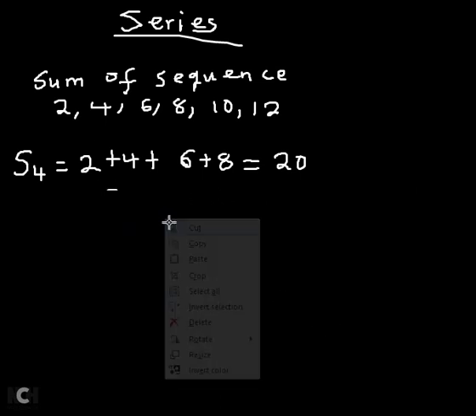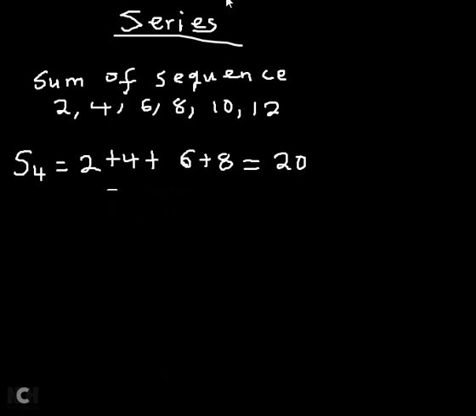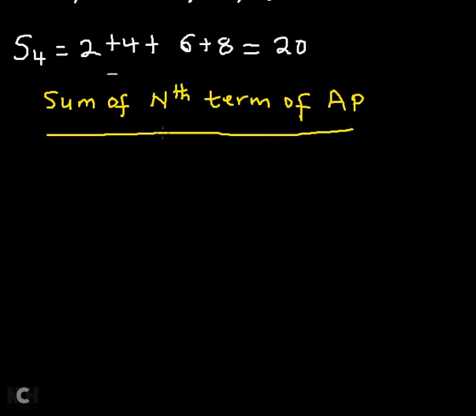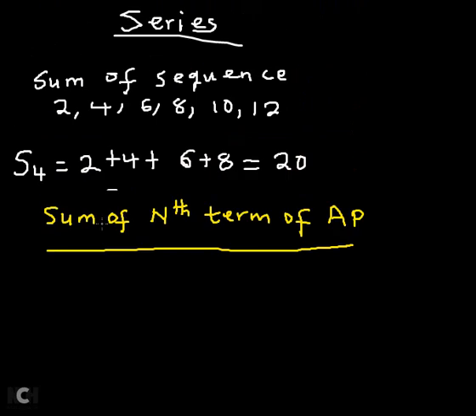So that is what now led us to another formula, known as the formula for the sum of the nth term of an AP. So with this formula, I can find any sum. I can sum the AP to any number, the first 20 terms, first 50 terms, any number. So it is much easier than going through this process.